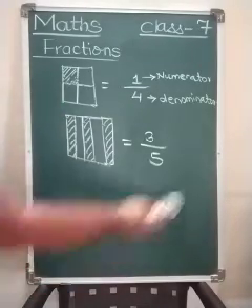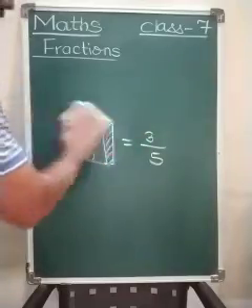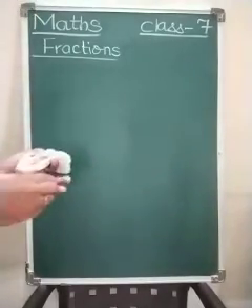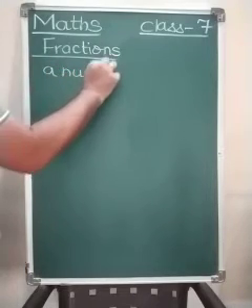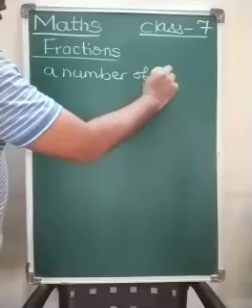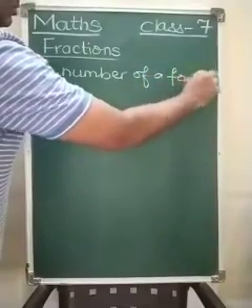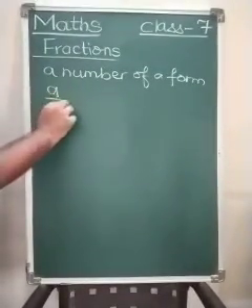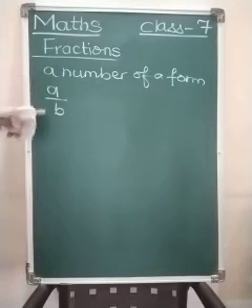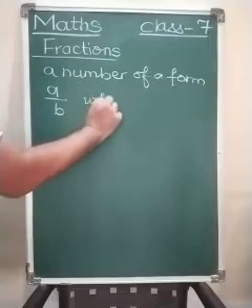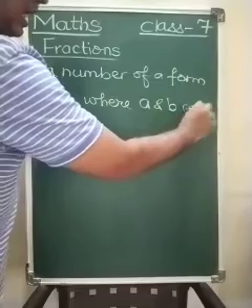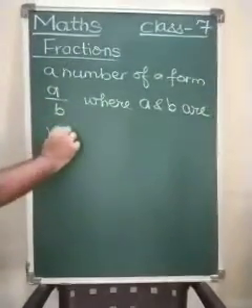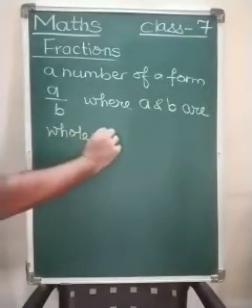In mathematical terms, we say that a number of the form A upon B, where A and B are whole numbers.